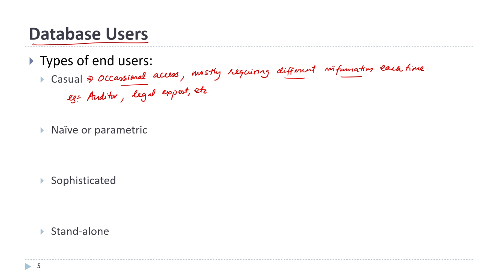The second user is what we call the naive or parametric user. They are users that are constantly querying and updating. Querying also means retrieving, which is another word for this. We will talk about that later.